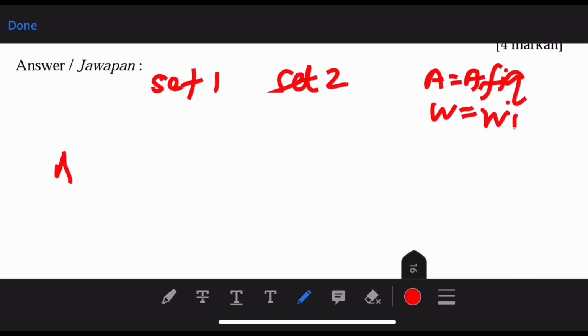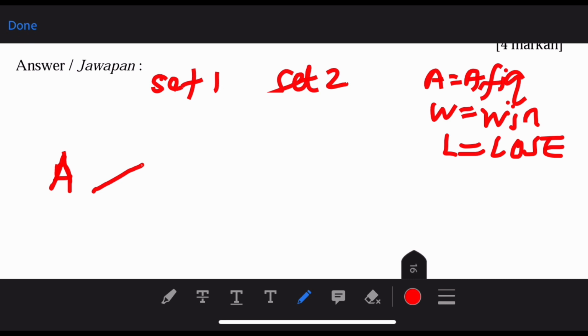So let's have a look at the tree diagram. First of all, if you want to draw a tree diagram, you have to define the outcome. So let's say W is win and L represents lose for Afid. So we will start with Afid.